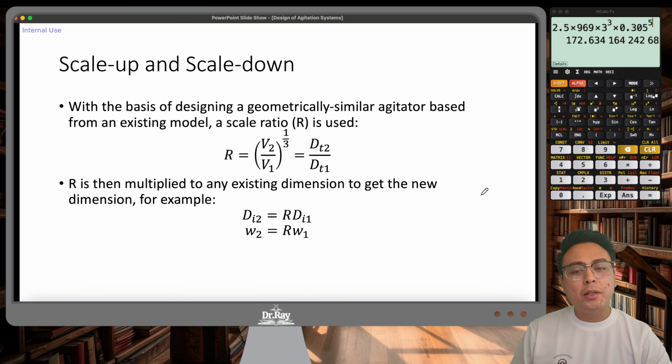Now, finally, let's learn how to scale up or scale down agitation systems. When we try to scale up and scale down, what's really important for us to remember is that we're doing so in the sense that we're assuming that our design is standard in nature.